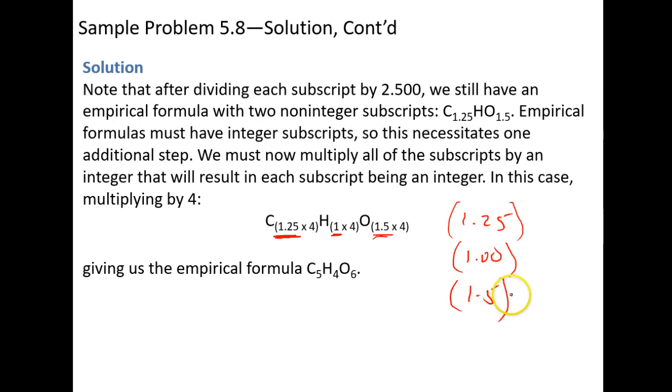Well, if I multiply this by 2 and multiply this by 2, I still don't have a whole number. So I have to multiply everything by the number 4. They all go into number 4. So this will give you a 5, this will give you a 4, all right? And this will give you a 6. Does that make sense? All right, notice what my fractions came out to be. So my formula is C5H4O6.